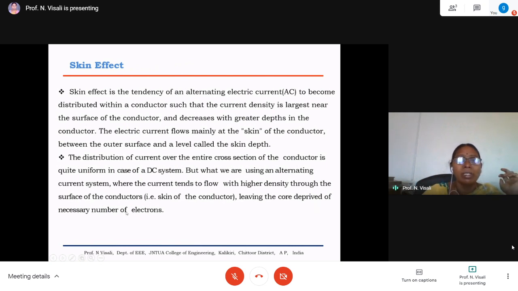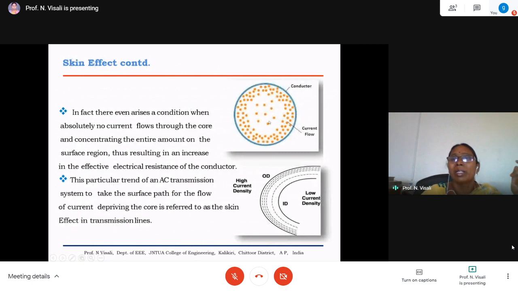That means at the center point you will not have maximum current distribution; at the surface only you will have. You can observe here, the conductor is there and current flows. Whenever AC current is passing, the current density at the surface is more than at the center portion. This is a non-uniform distribution of current, a non-uniform presence of electrons.